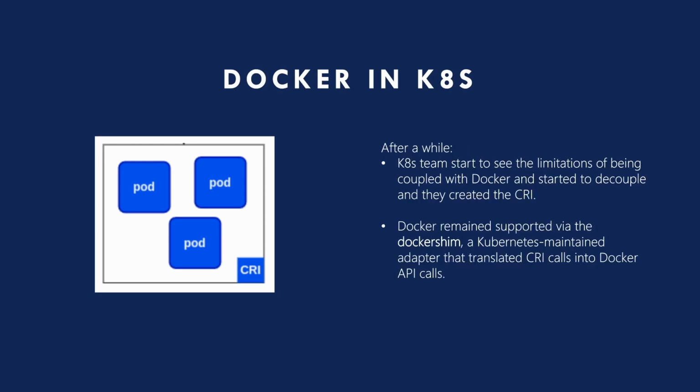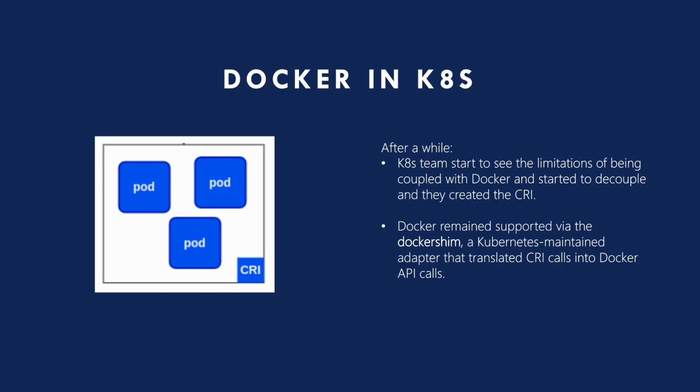Then, as time goes by, the Kubernetes team starts to see the limitations of being coupled with Docker as far as container runtime, and they go in a direction where they want to be decoupled from Docker.